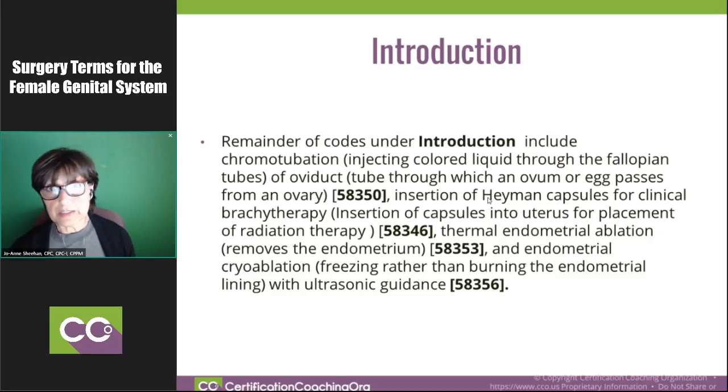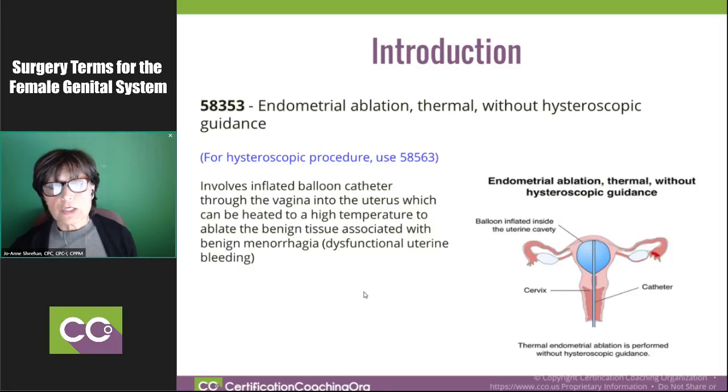So it's really important, I'm showing you examples, but you really want to go through the CPT and see it. So here we have 58353, which is the endometrial ablation, thermal, without hysteroscopic guidance. And for the hysteroscopic procedure, you would use 58563.